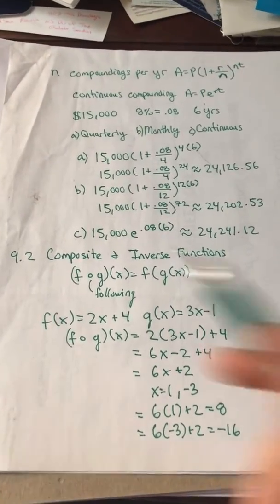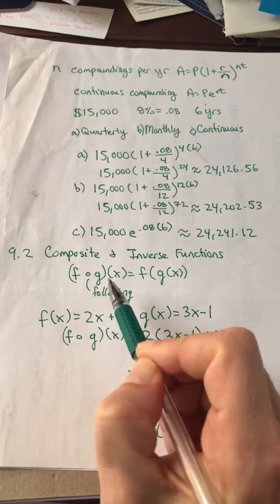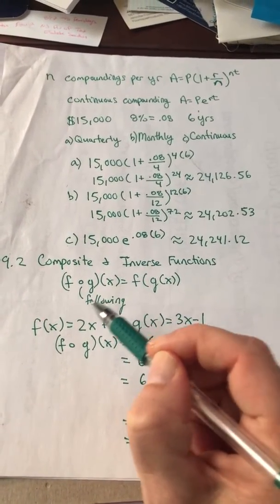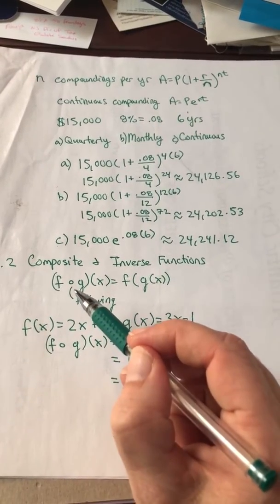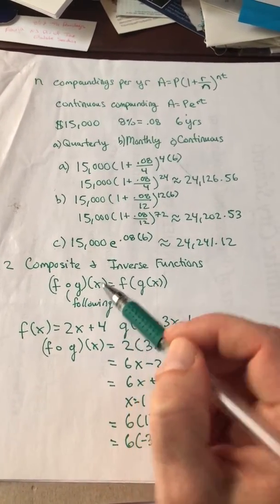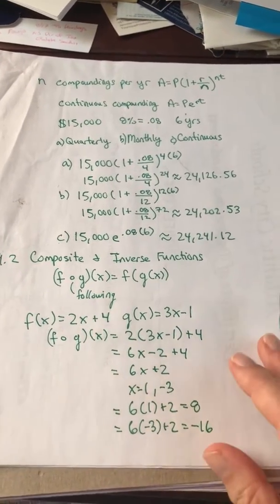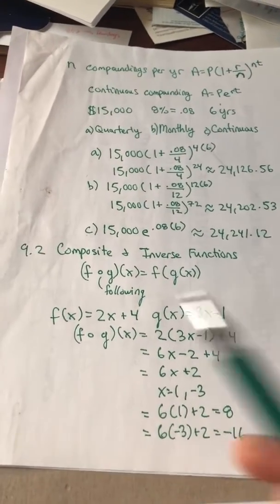Okay, moving on to 9.2, we're going to look at composite and inverse functions. This is what you might remember as FOG from algebra, and you do things backwards. This little degree sign means following. So you're going to do the function of f following the function of g of x. It can also be written as f of g of x. So I'm going to skip right to an example here.